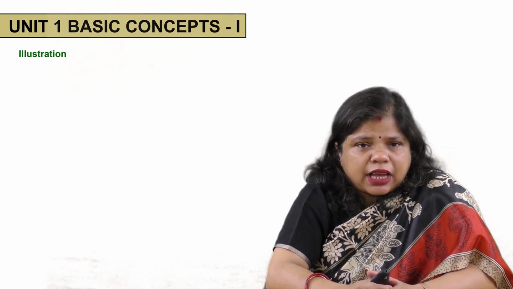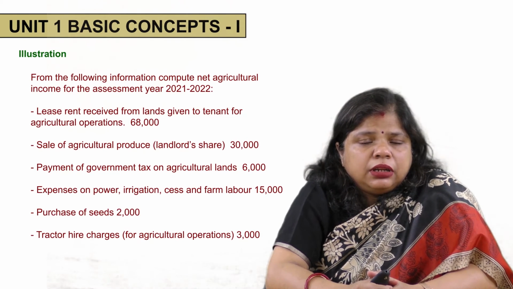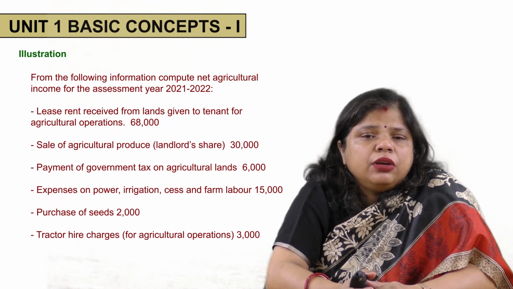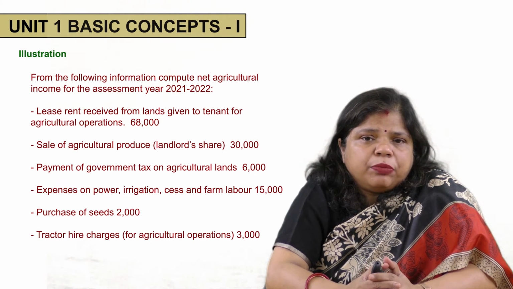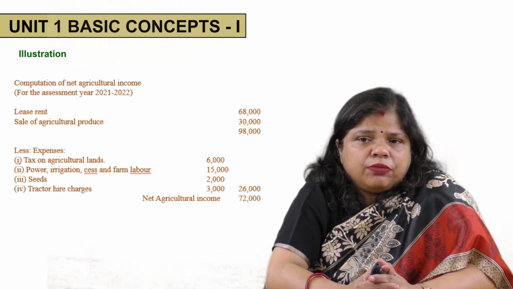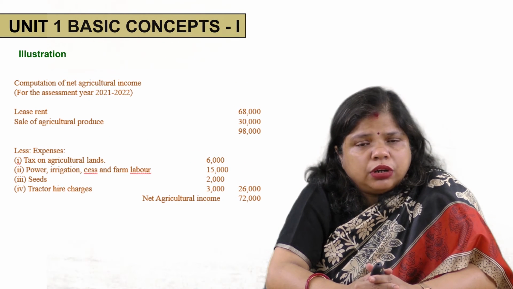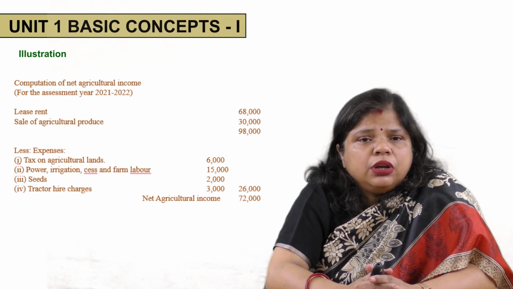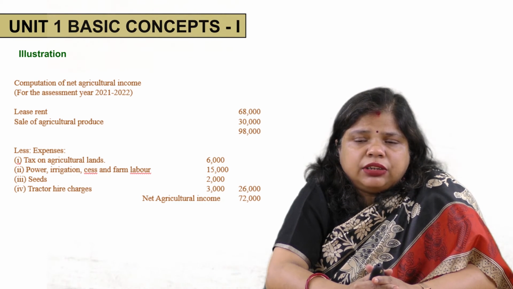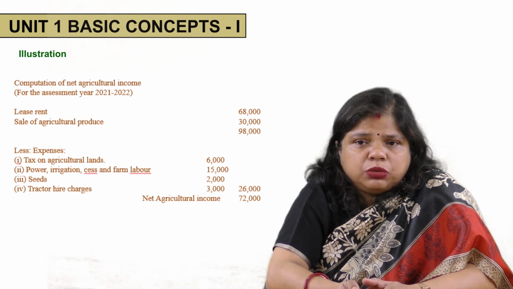Let us take one example which are agricultural income and non-agricultural income. From the following statement information, compute net agricultural income for the assessment year 21-22. Lease rent received from land given to tenant for agriculture operation is 68,000.